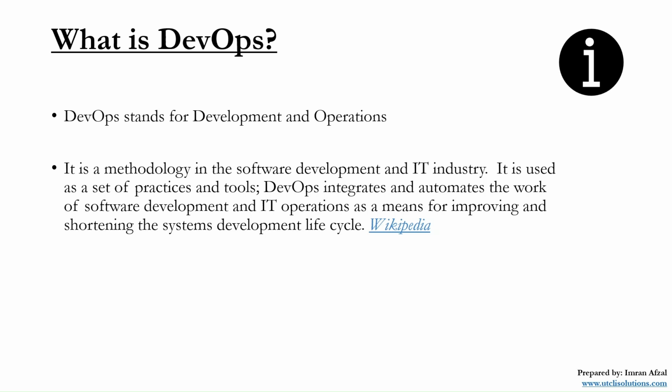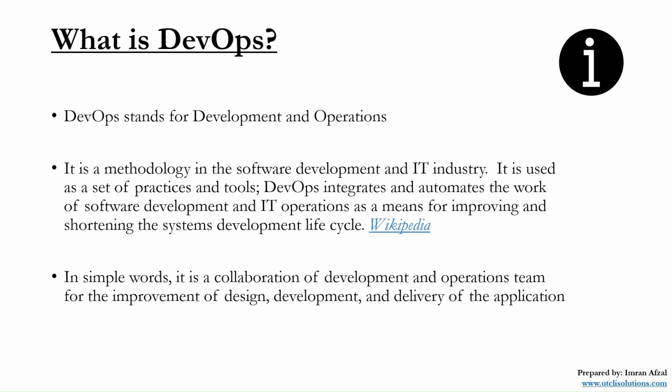Now, if you find this definition a bit confusing or hard to understand, then let's make it simpler. So, DevOps is a collaboration of development and operations teams. That's the very first thing that you need to understand: development and operation teams coming together as one team.